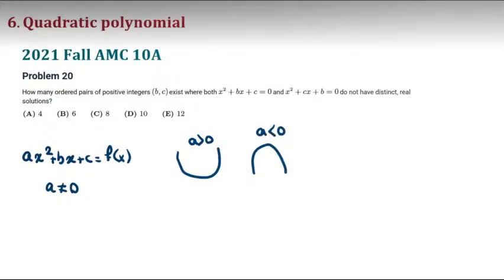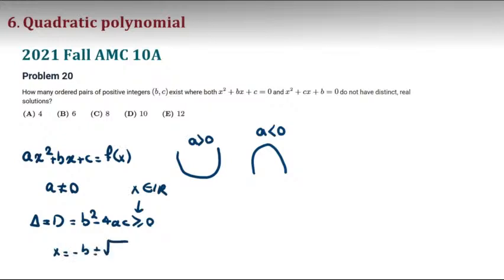Now, if you want to find x, you should calculate delta. It's b squared minus 4ac. If x is real, delta should be at least 0. And x will be negative b plus minus the square root of delta, or discriminant, all over 2a. Now, if delta is positive, we have two answers because we have plus minus.